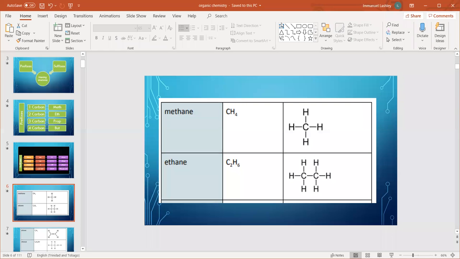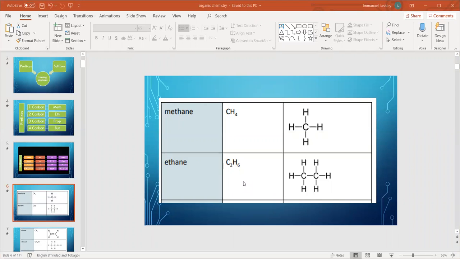The reason why this is possible is because carbon is tetravalent. Tetra meaning 4, so there are 4 valence electrons, and there are 4 electrons that can come and bind in the outermost shell.